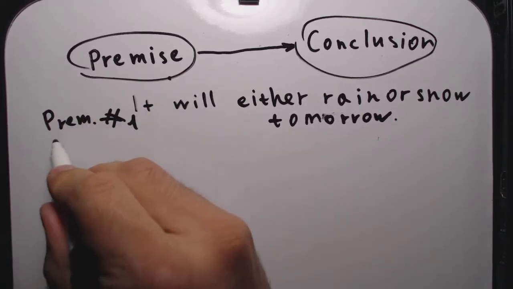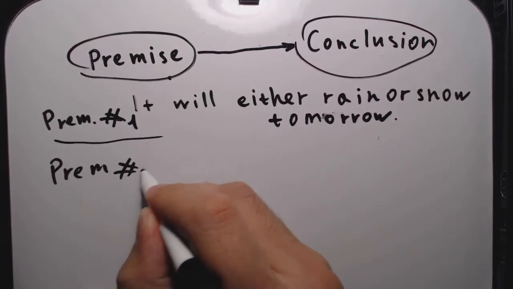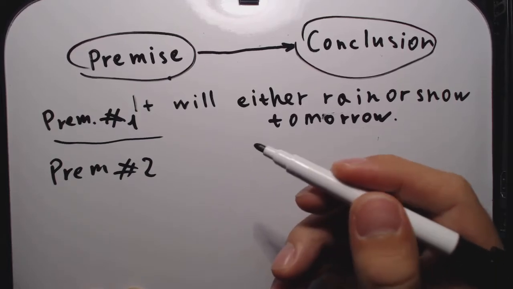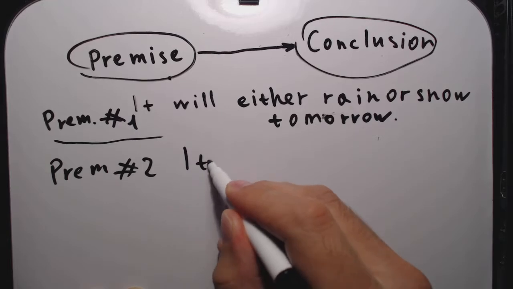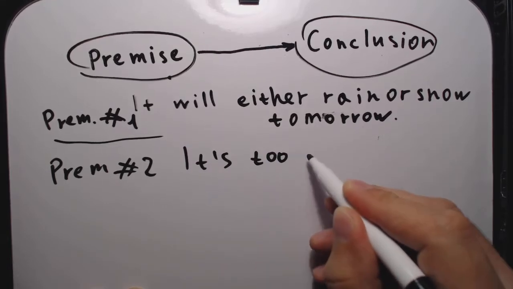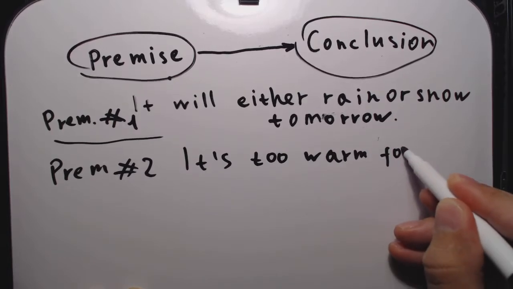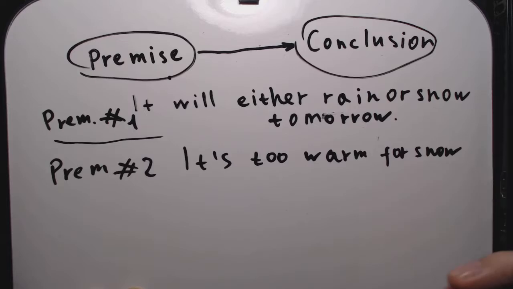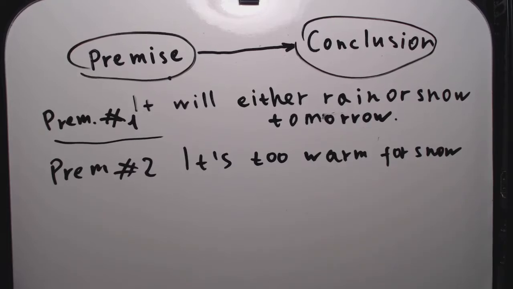This is our premise number one. Premise number two is: it's too warm for snow. So we have the first premise, it will either rain or snow tomorrow, and the second premise, it's too warm for snow.